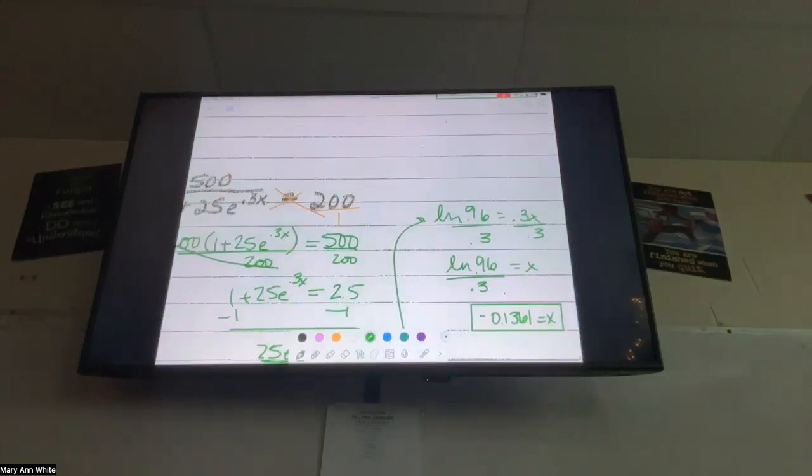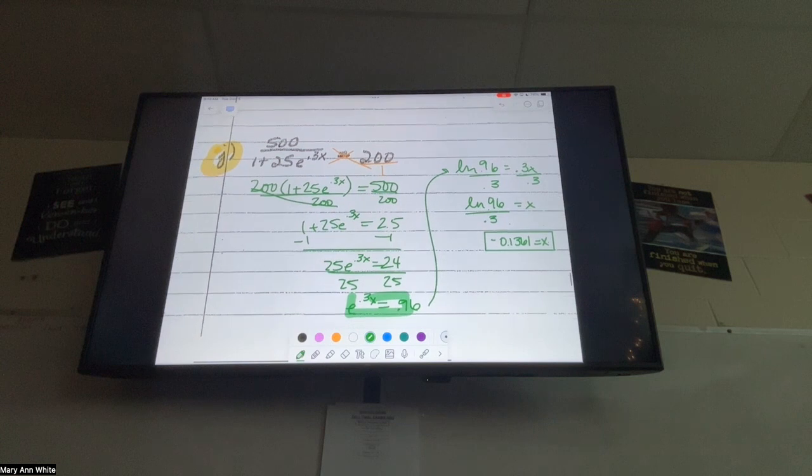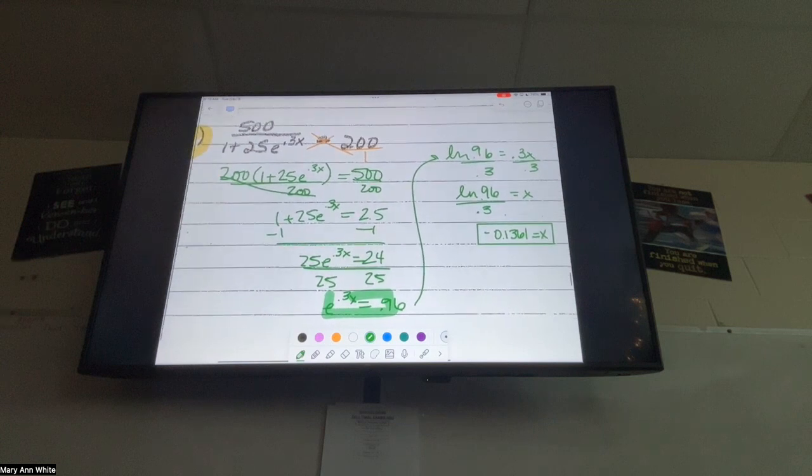Go to my calculator, and here's that last problem. Let me know if you guys have any questions, disagreements, concerns. Why would we get 1.5 after?